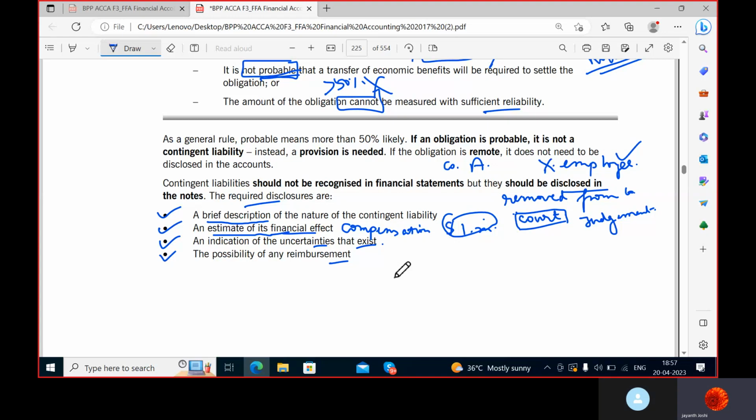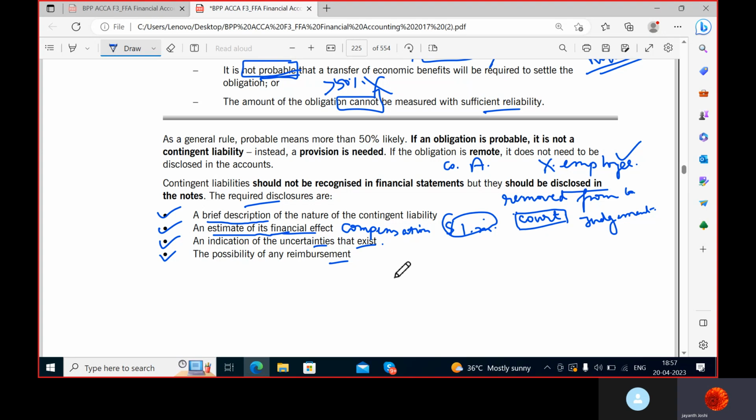Yes, ma'am. Is the concept of contingent liability clear? Like it is dependent upon? Ma'am, could you tell the difference between contingent liability and provisions once more? Yeah, see, in provision, we have to satisfy 3 criteria. It is probable that there will be a transfer of economic benefit, which is not the case in contingent liability.